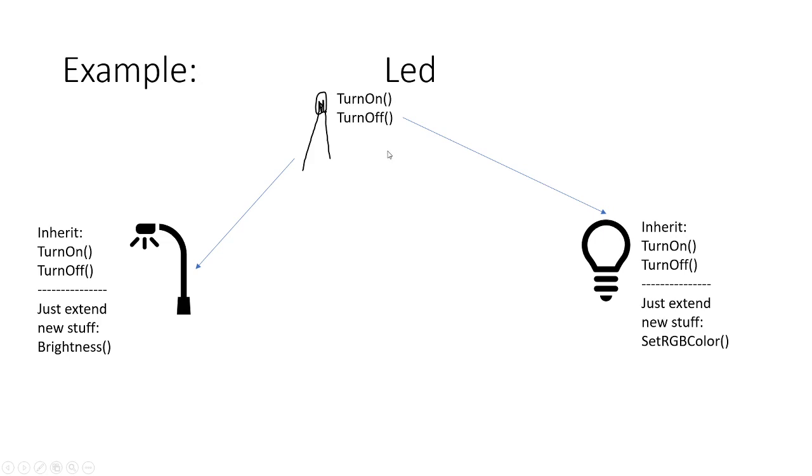So now I think that there is an obvious problem to this, and this is just an easy problem, but maybe turning on and off a dimmable lamp like this works differently from turning on a diode, or maybe an RGB color, and this is where polymorphism comes into play.